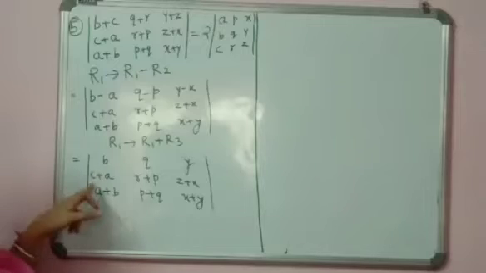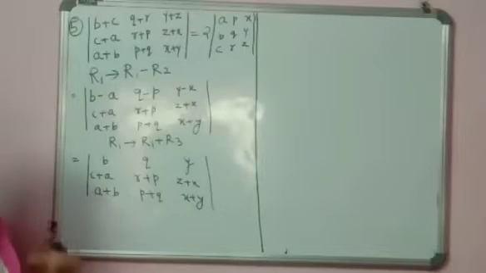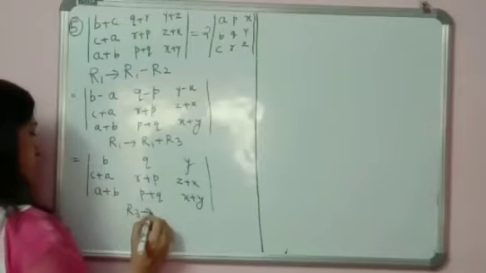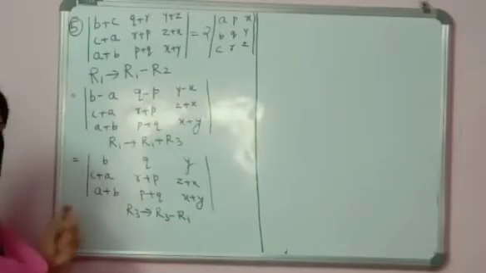Now you can remove this B, Q and Y from this R3 by using R1. So you can change R3 to R3 minus R1. Okay.